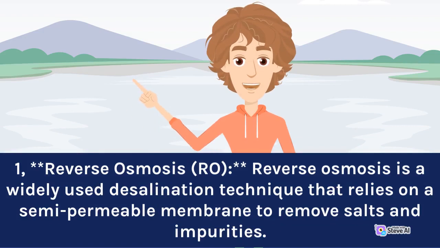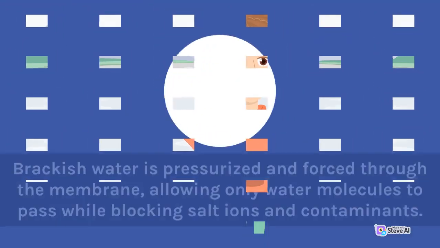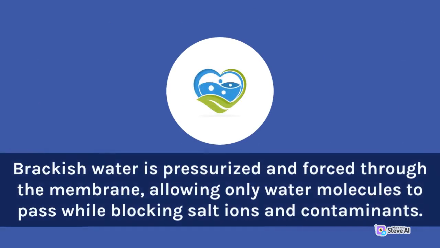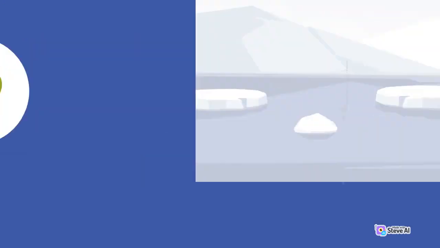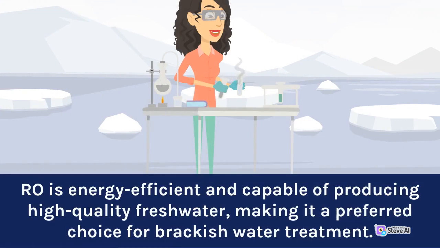Reverse osmosis is a widely used desalination technique that relies on a semi-permeable membrane to remove salts and impurities. Brackish water is pressurized and forced through the membrane, allowing only water molecules to pass while blocking salt ions and contaminants. RO is energy efficient and capable of producing high-quality freshwater, making it a preferred choice for brackish water treatment.